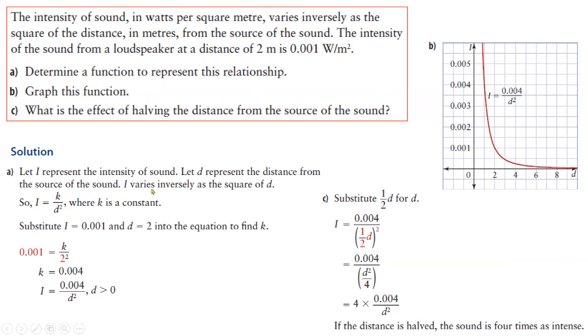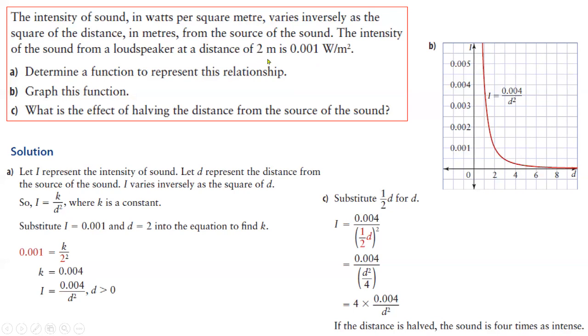Because I varies inversely as the square of D, where K is a constant. And then we know that when D is 2, I is 0.001.